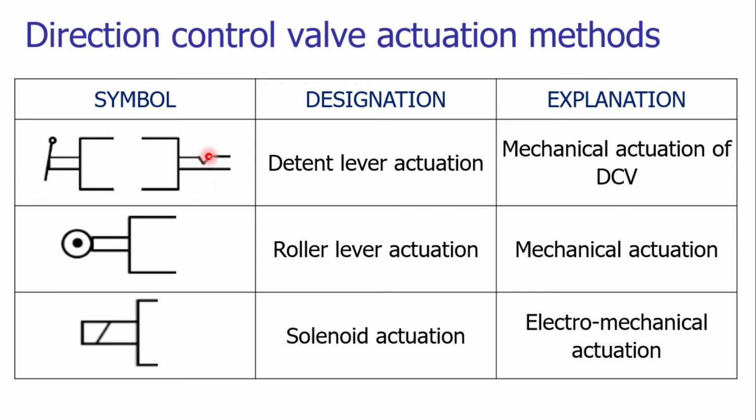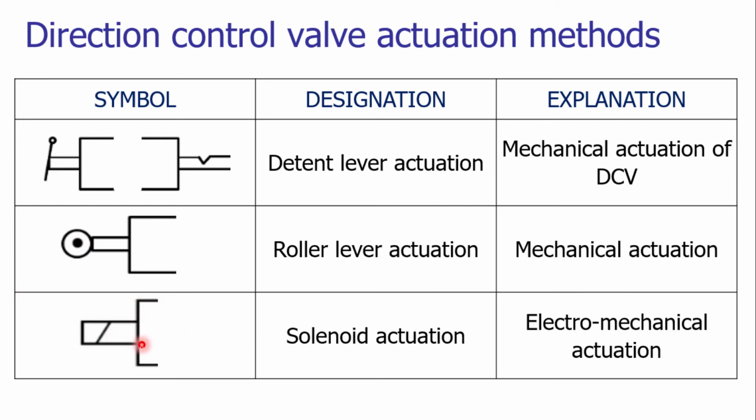Detent is a mechanical element which has various slots, and those slots are utilized to lock the valve in its intended position. We can have the roller lever actuation. The roller lever can be represented by a circle with a concentric filled in circle.